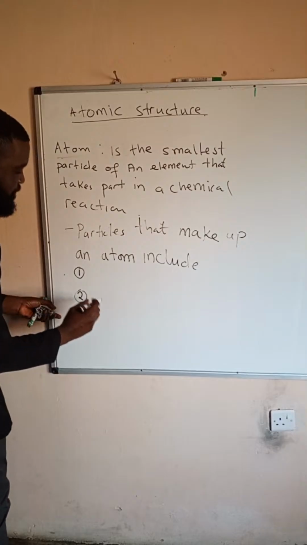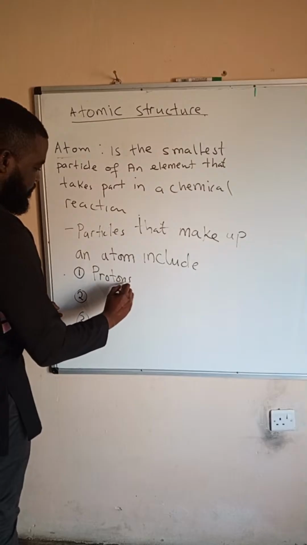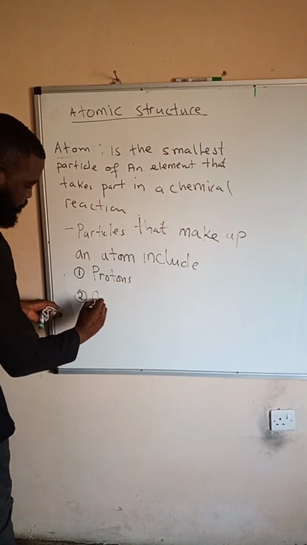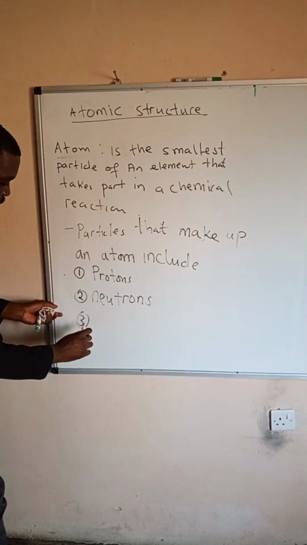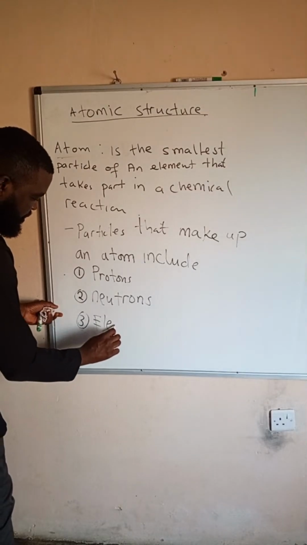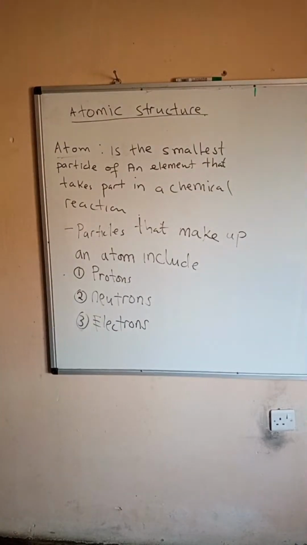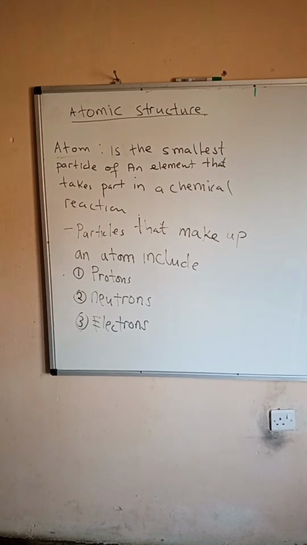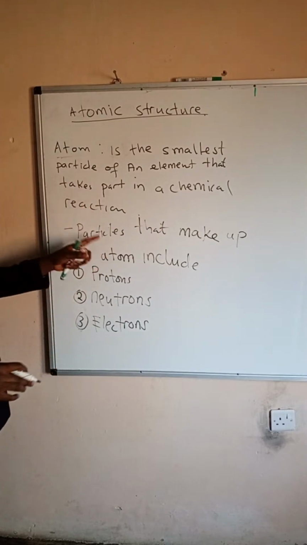An atom is made up of protons, neutrons, and electrons. These are the three particles that make up an atom. You can call them particles that make up an atom, or fundamental particles that make up an atom, or subatomic particles that make up an atom.